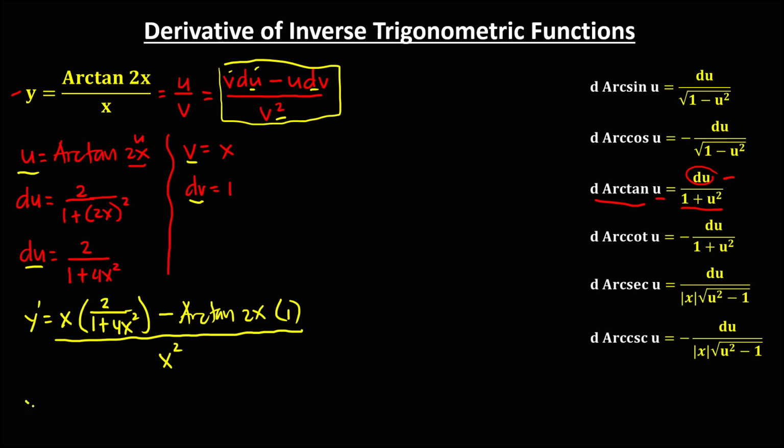To simplify, multiplying x and 2 gives 2x over 1 plus 4x squared, then minus arctan 2x, all over x to the power 2.